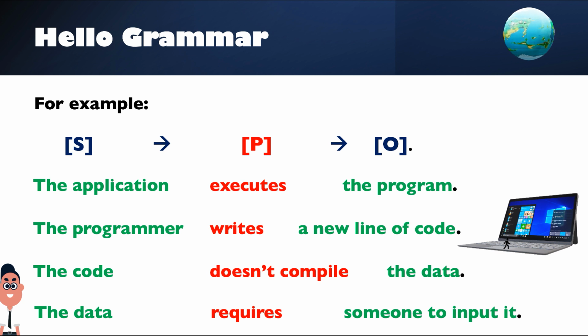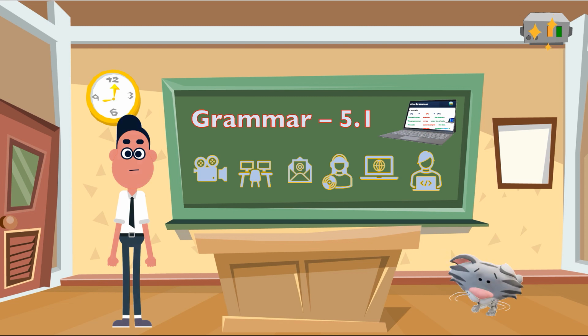So, Professor Neil, here are the examples that we want to share our knowledge that sentences consist of subject, predicate, object. Yes. So the elements of a sentence, subject, predicate, object, can come as more than one word.